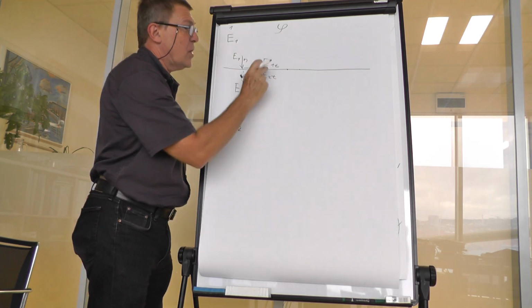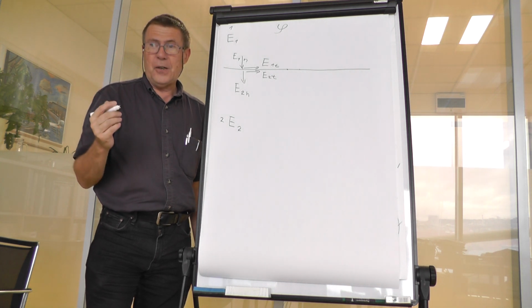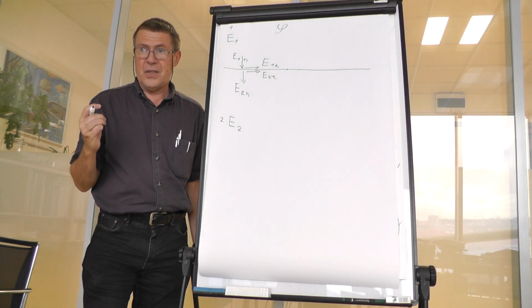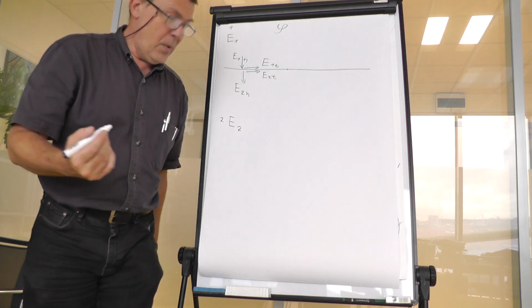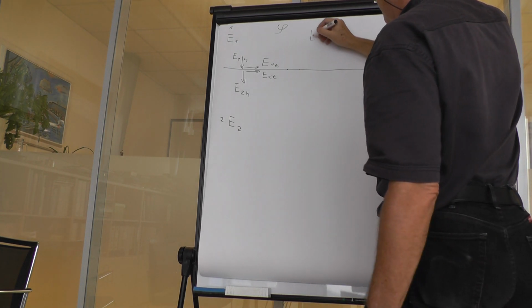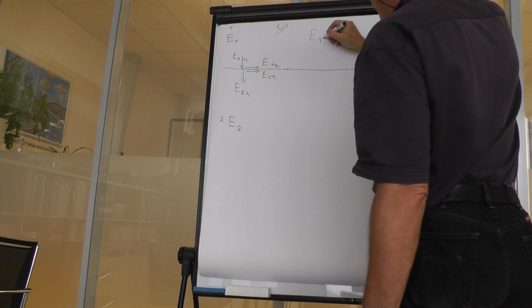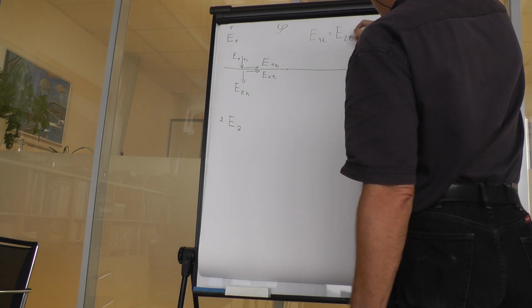So tangential components of electric field strength at the interface between two conductors must be identical. So we have the first boundary condition that tells us that E1 tangential is E2 tangential.